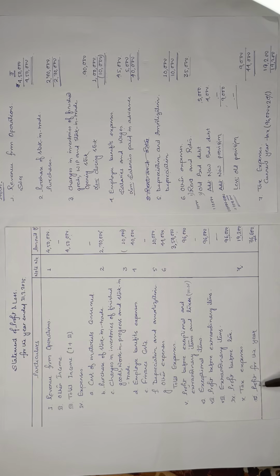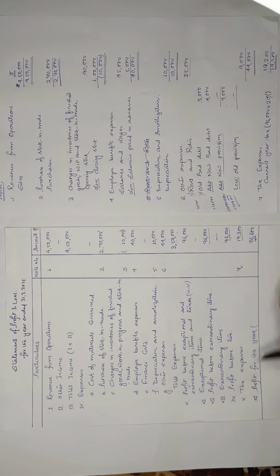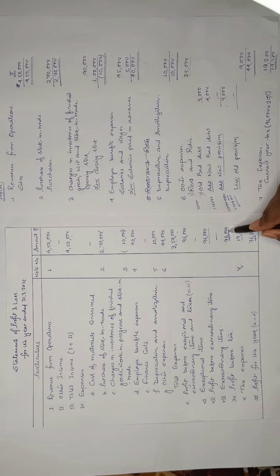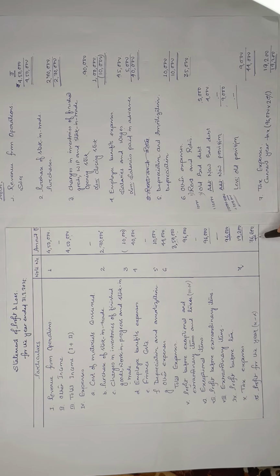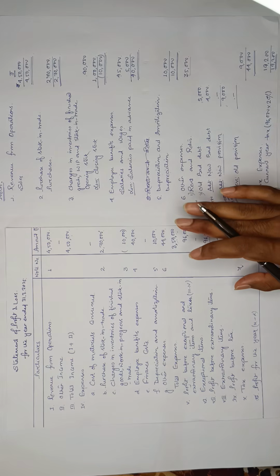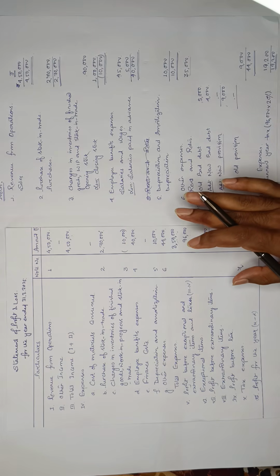Now profit for the year is nothing but profit before tax minus tax. Profit before tax is 96,000. The tax is 19,200. So 76,800 is my profit for the year. So this is the way you need to prepare the statement of profit and loss. Clear? I hope it is clear.